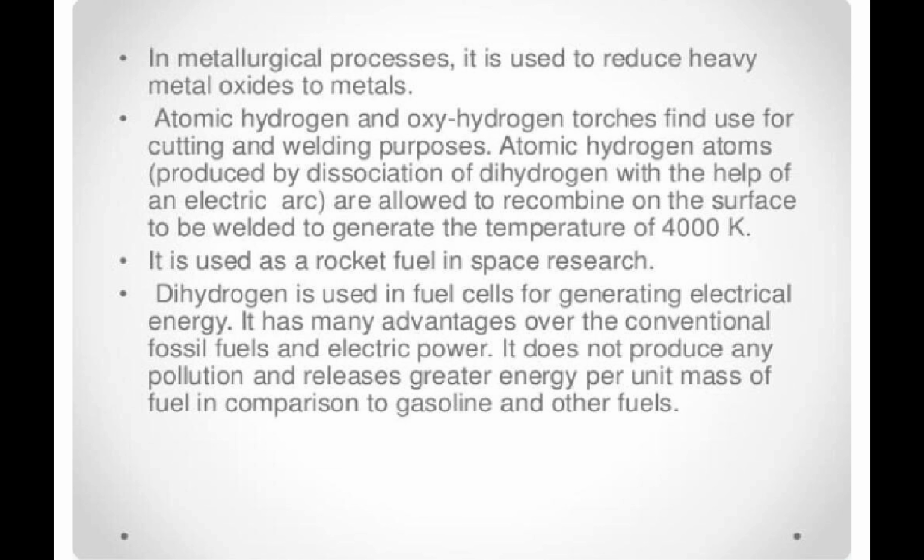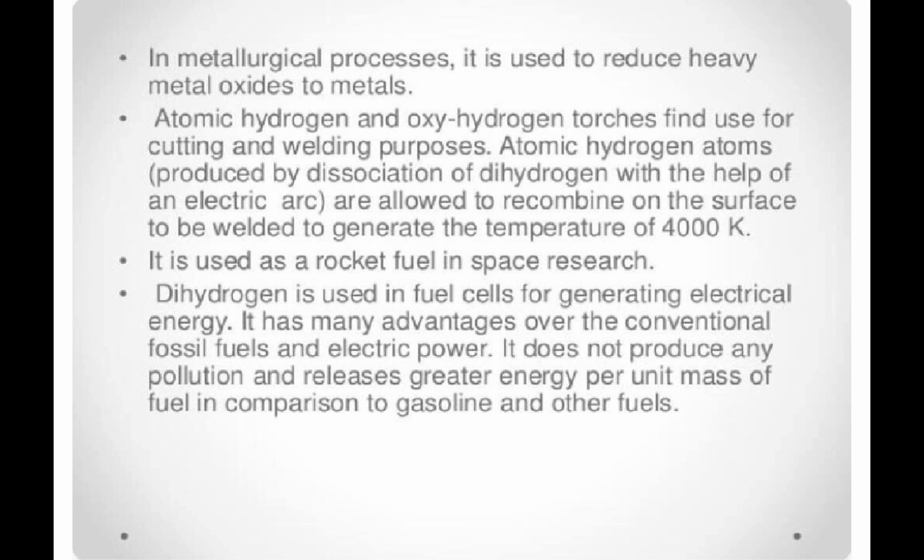Then atomic hydrogen and oxy-hydrogen torches are used in the cutting and welding industry. Atomic hydrogen atoms are produced by dissociation of dihydrogen with the help of an electric arc. If they are allowed to recombine at a very high temperature of 4000 K on the surface of welding, then another important use, you get different chemicals or substances using hydrogen as an important source.